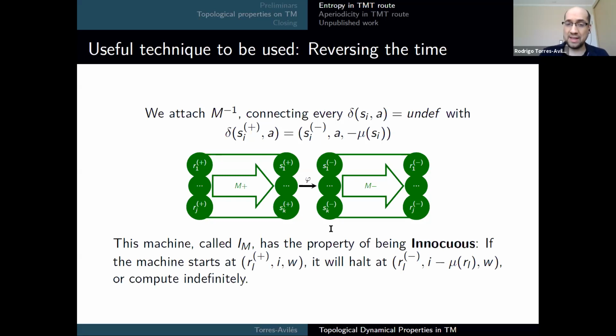Being innocuous means that if we start, for example, at the state R1 plus, and the computation eventually halts, it halts at a state R1 minus with the same tape content. So the machine does nothing if it halts.